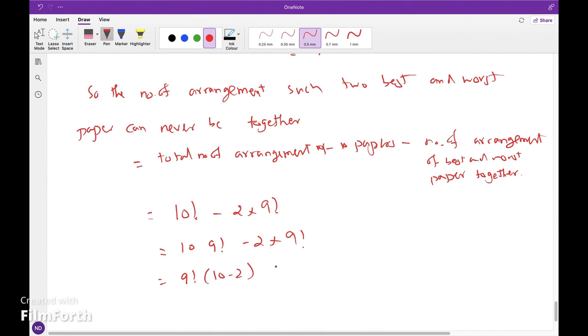So 10 minus 2, that is 9 factorial into 8. The answer is 290.